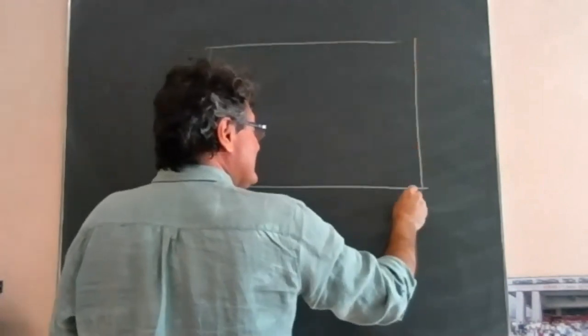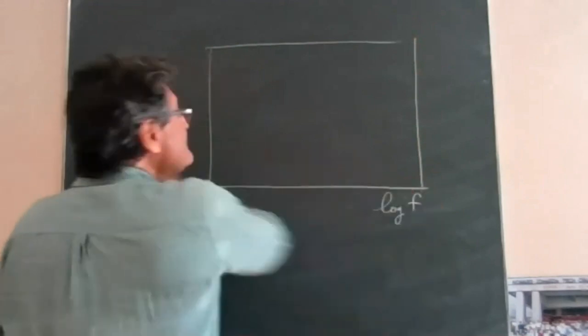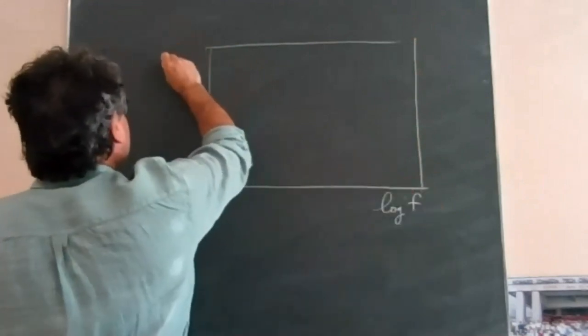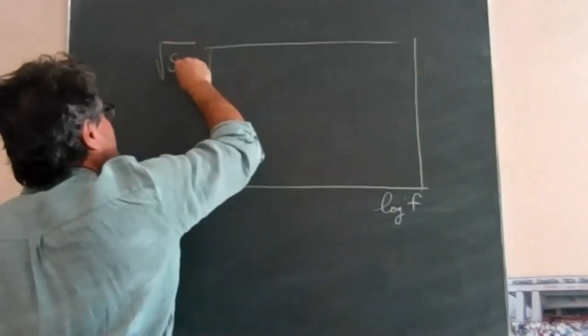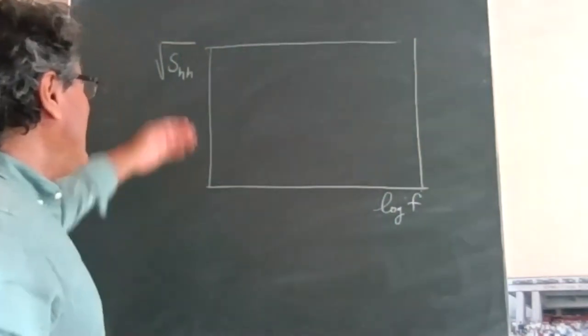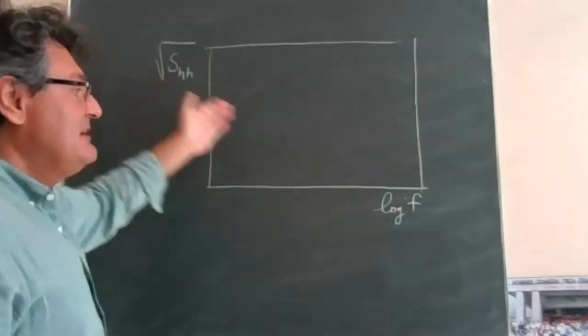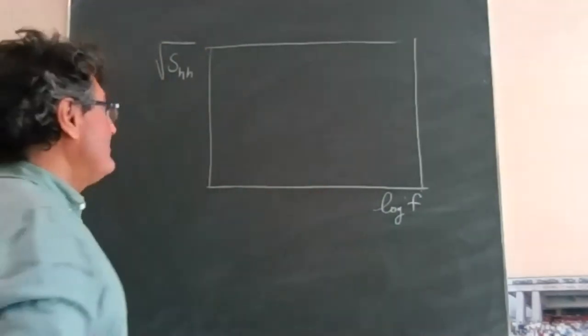So this is the logarithm of frequency, and here you have the square root of S_hh. This is the amplitude spectral density plotted against the logarithm of frequency.